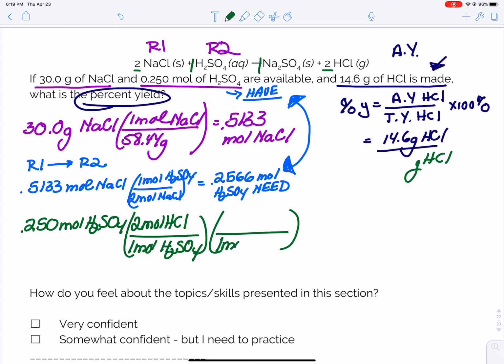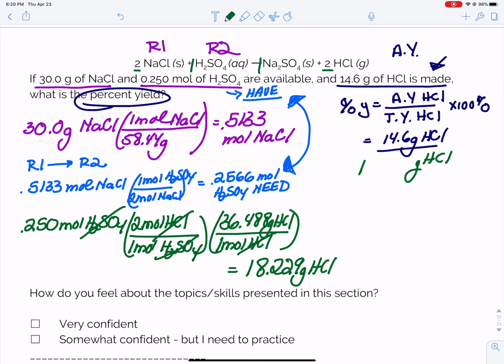And then 1 mole of HCl has a mass of 36.458. Doing out that math, multiplying by the top, dividing by the bottom, I get a theoretical yield of 18.229 grams of HCl. That is my theoretical yield of HCl.